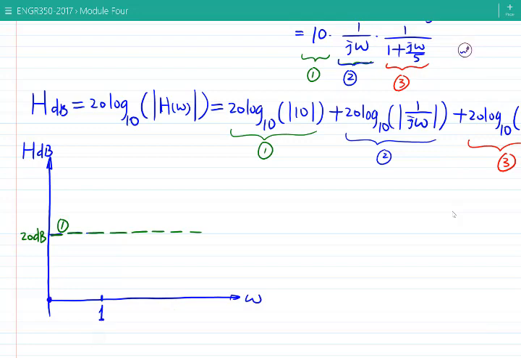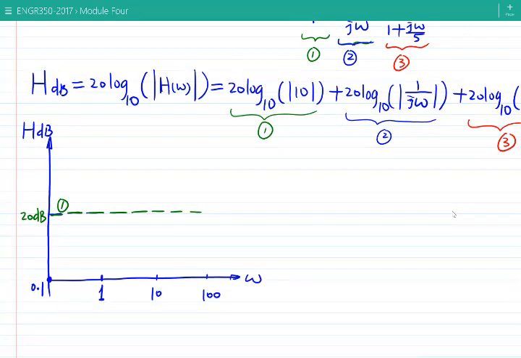So if I assume the frequency goes from 0.1 to 1 to 10 to 100. Okay, this is really a semi-log plot. The frequency is in log scale. So for factor number 2, it's a straight line with the slope minus 20 dB per decade.